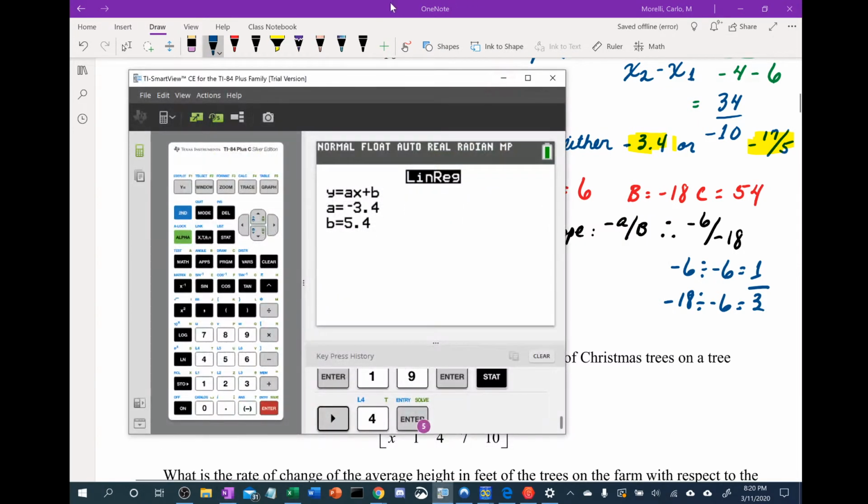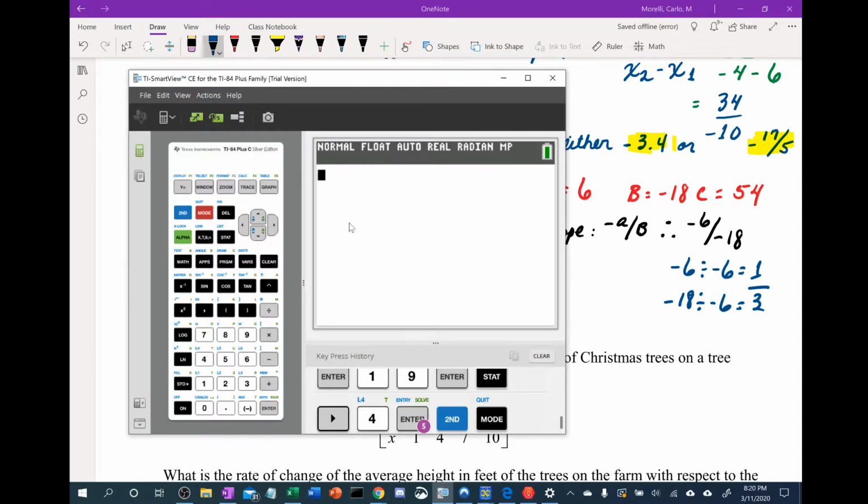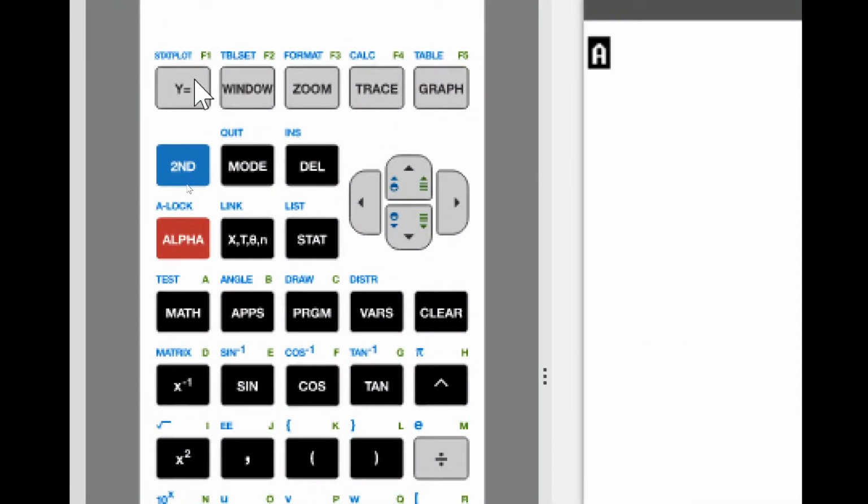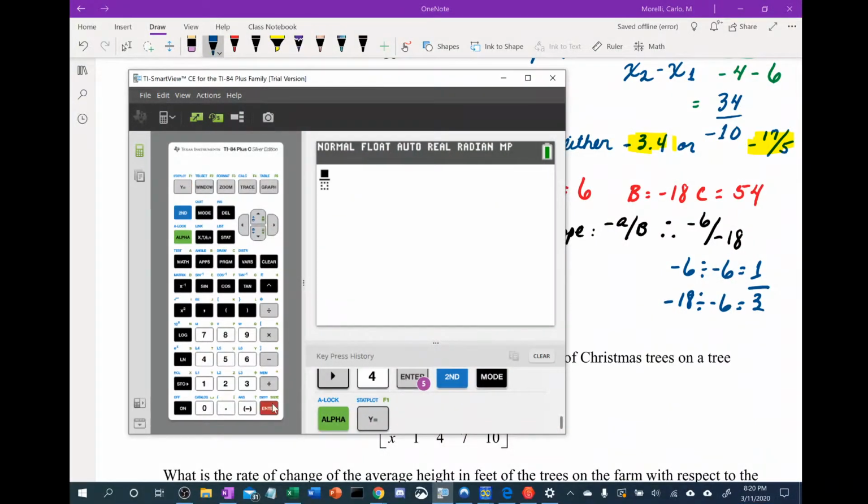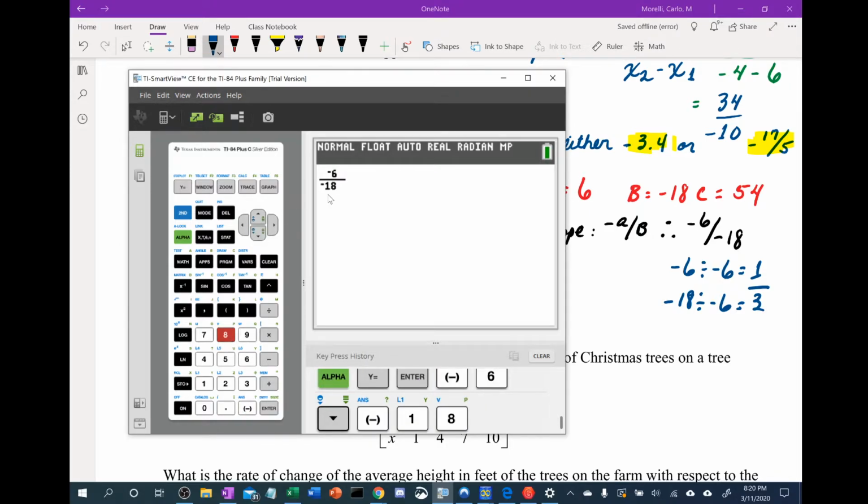If you don't know how to reduce a fraction, your calculator would be your friend. Just go ahead and hit alpha y equals, enter. Plug this fraction in as -6 over -18. We're going to reduce that fraction by just hitting enter.